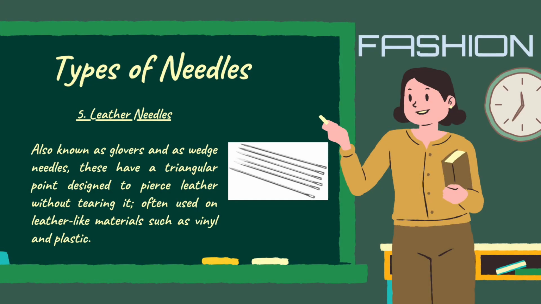Fifth is leather needles, also known as glovers or wedge needles. These have a triangular point designed to pierce leather without tearing it, often used on leather-like materials such as vinyl and batik.